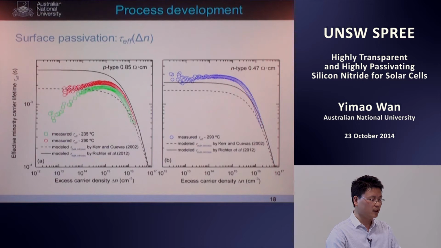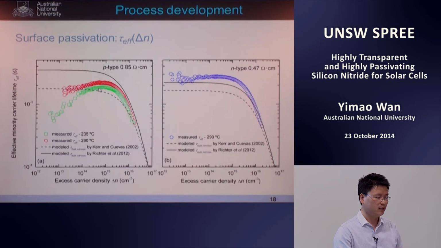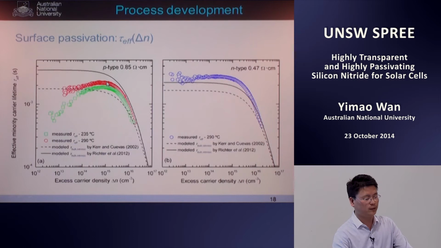We can also look at the injection dependence of these two types passivated by silicon nitride, which has quite strong injection dependence for p-type, and is quite flat for n-type down to quite a low level, 1E13 measured here. There are several theories for the strong injection dependence for the p-type surface passivated by silicon nitride. One is a space charge region because of the positive charge in silicon nitride, causing an inversion layer on the p-type surface.